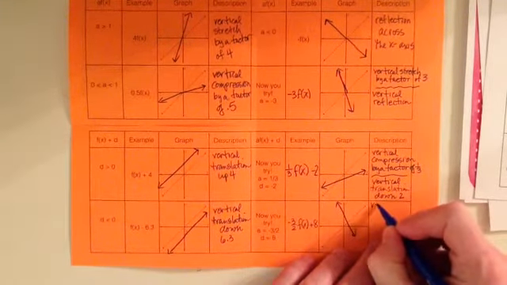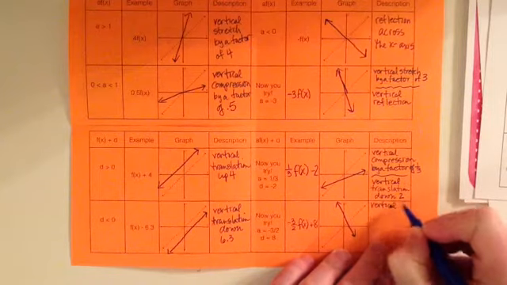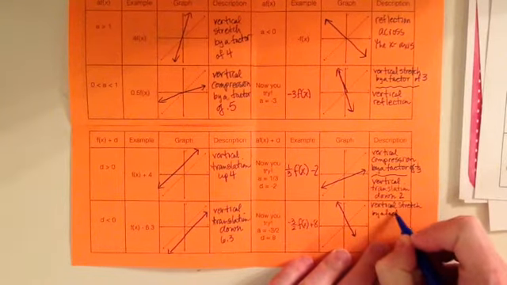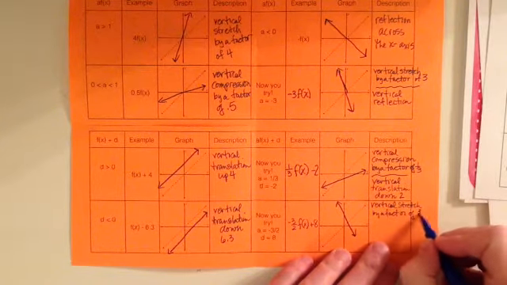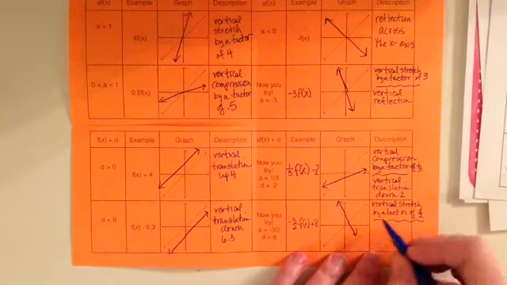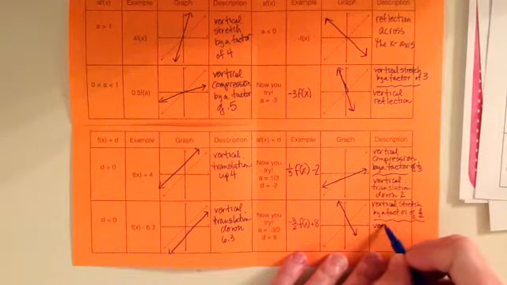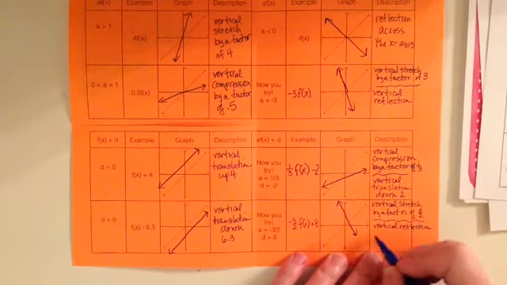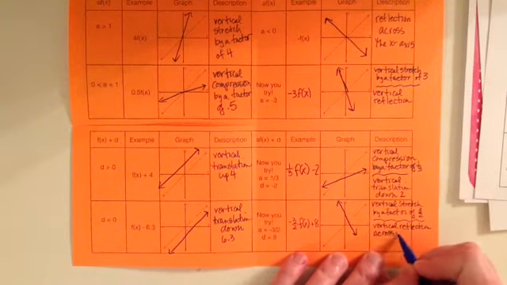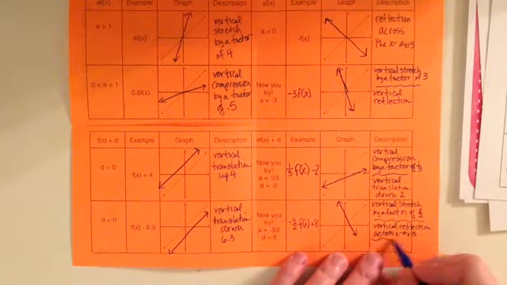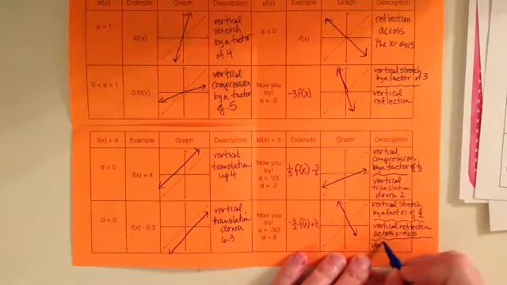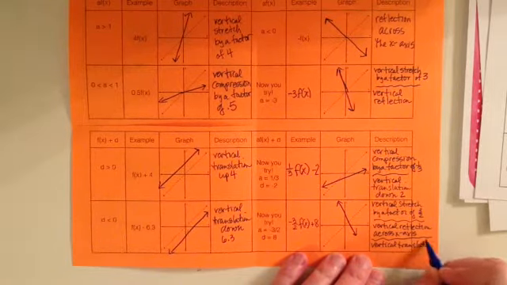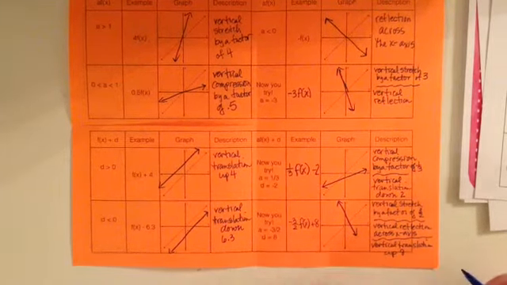So we have a vertical stretch by a factor of 3/2, a vertical reflection across the x-axis, and a vertical translation up 8.